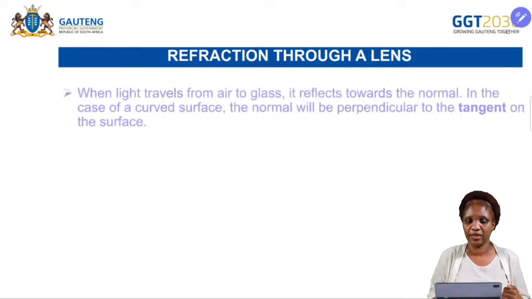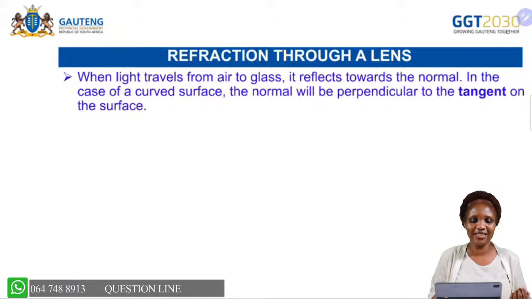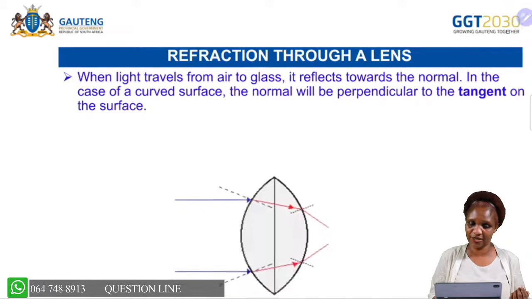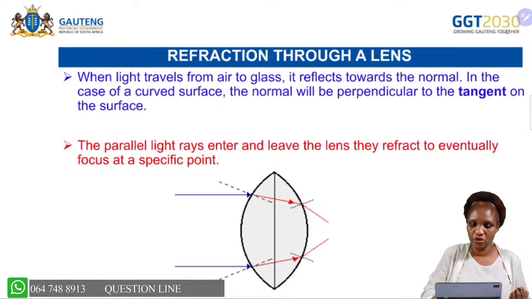Okay. And then refraction through a what? A lens. When light travels from air to glass, it refracts towards the normal. In the case of a curved surface, the normal will be perpendicular to the tangent on the surface. Okay. For example, we've got a diagram here. Do you see this diagram? This is light coming in and then it refracts.